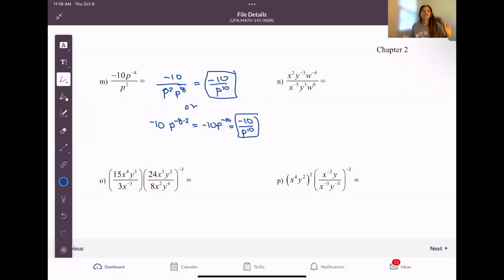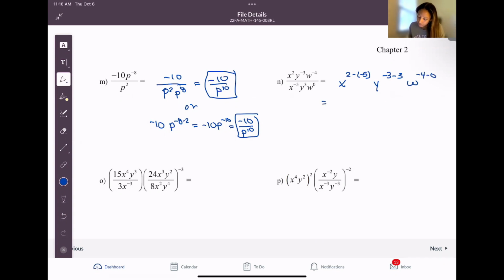All right, for n, we have x's, y's, and w's. Let's try to simplify them all. For the x's, I'm just going to use the division property. We have x to the 2 minus negative 5, y to the negative 3 minus 3, and then w to the negative 4 minus 0, but that term's just going to go away.